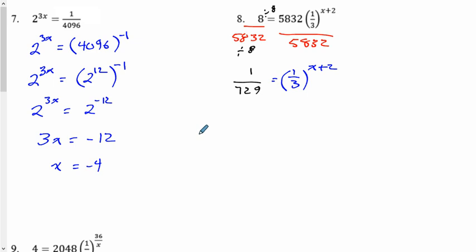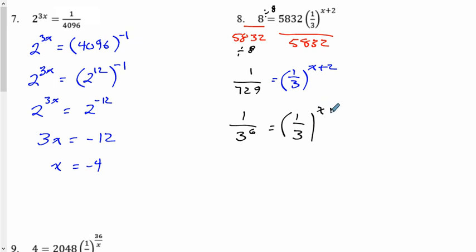729, we saw that number in our previous lesson. That's going to be 3 to the exponent 5, I think. Nope, not 5. 3 to the exponent 6. Yep. So this is 1 over 3 to the 6th equals 1/3 to the x plus 2.